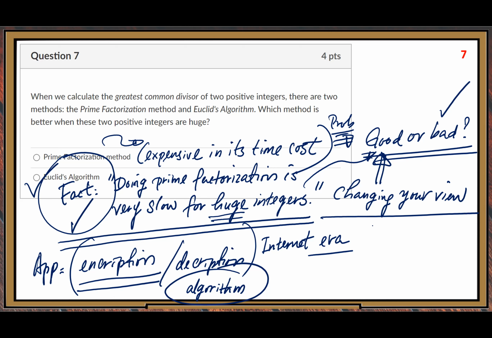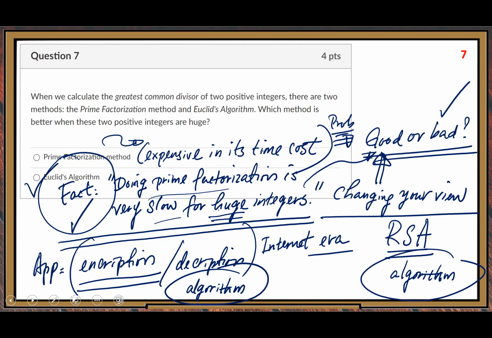They developed an algorithm that is still popular and dominant in our current time, called the RSA algorithm. RSA comes from the last name initials of three mathematicians, put together. That algorithm for encryption and decryption is based on this fact.